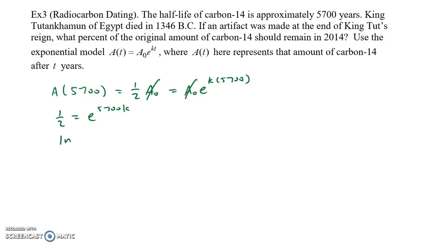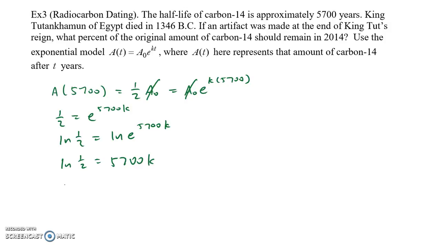So take the natural log of both sides. This is similar to the previous example we did with continuously compounded interest. ln of e to the 5,700 times k. Then we have ln of 1/2 equals, and on the right, ln and e cancel, leaving us just with the exponent 5,700k.